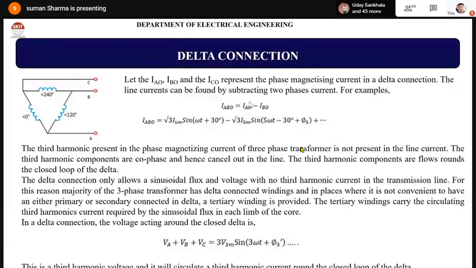What is IA naught? IA naught current is root 3 times I1M sine omega t plus 30 degree minus root 3 times I5M sine 5 omega t minus 30 degree plus 5 5.